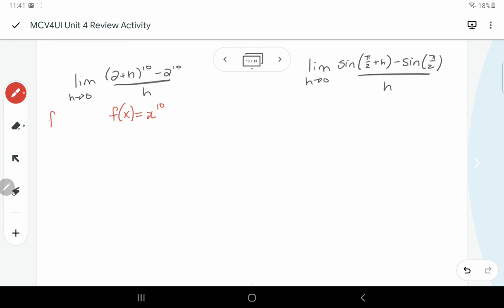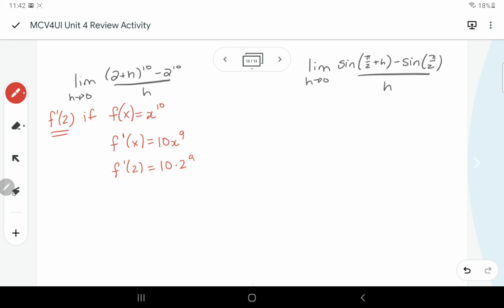So what we're looking for is f prime at 2, if f at x is x to the 10. So if f at x is x to the 10, f prime at x is 10x to the exponent 9. And then f prime at 2 is 10 times 2 to the 9. And you could do that on a calculator. I don't have one handy though.